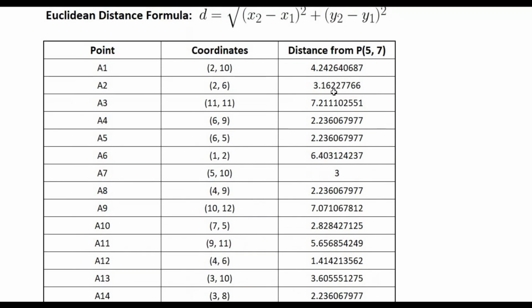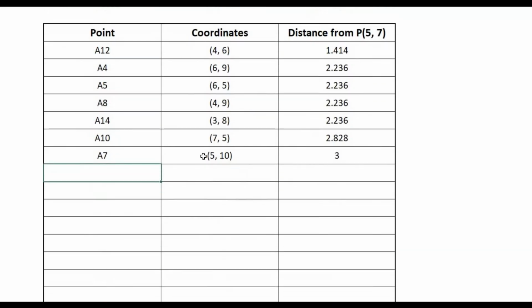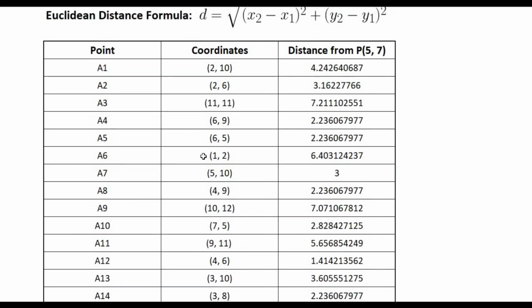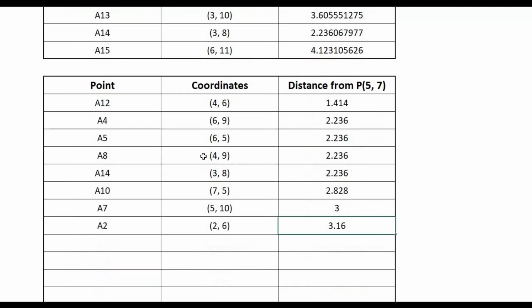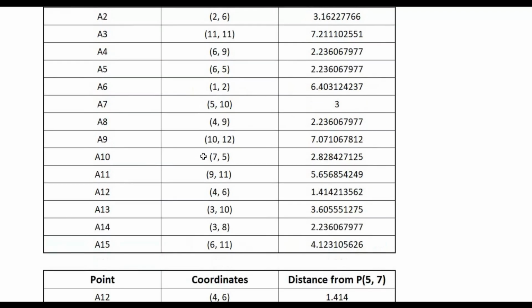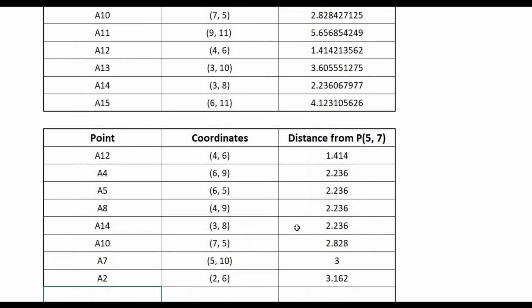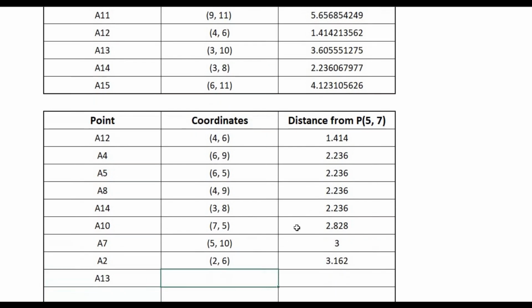Next is 3.16, this is A2, 6, 9 data point, and the value was 3.162. And the next one we have is 3.60, A13, data point 3, 10, and the value we have is 3.605.